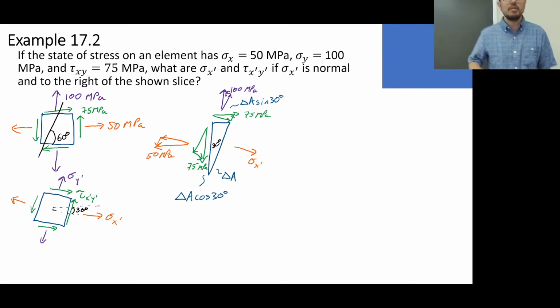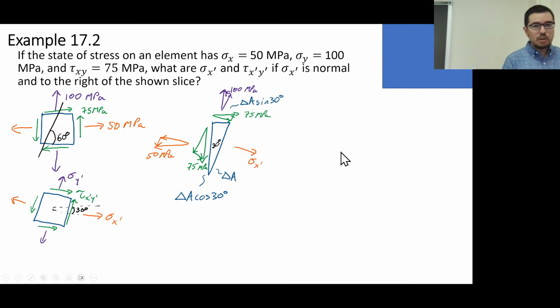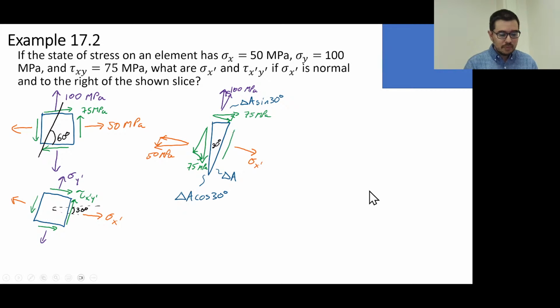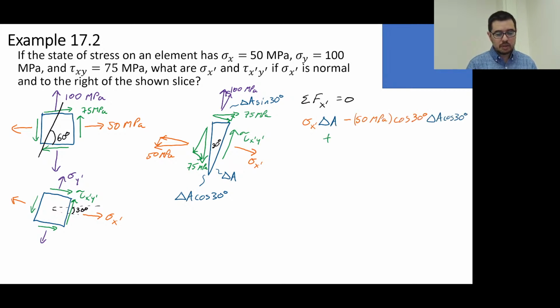All right, so we can now draw our tau x prime y prime if we want, and we can do equilibrium in the x prime direction and equilibrium in the y prime direction. I need to go a little bit faster, but you get the idea here at this point, okay, that we're going to do these summations, and now we also have contributions from the taus.